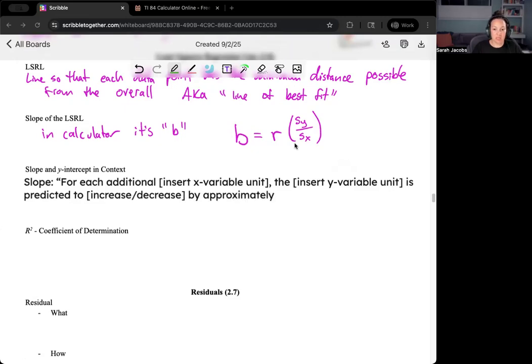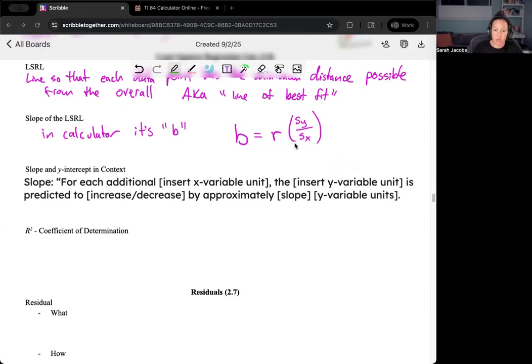by approximately, you have to make this an approximately, whatever the slope is, and then you're going to use the x unit: the y is predicted to increase or decrease by approximately blank y variable units.